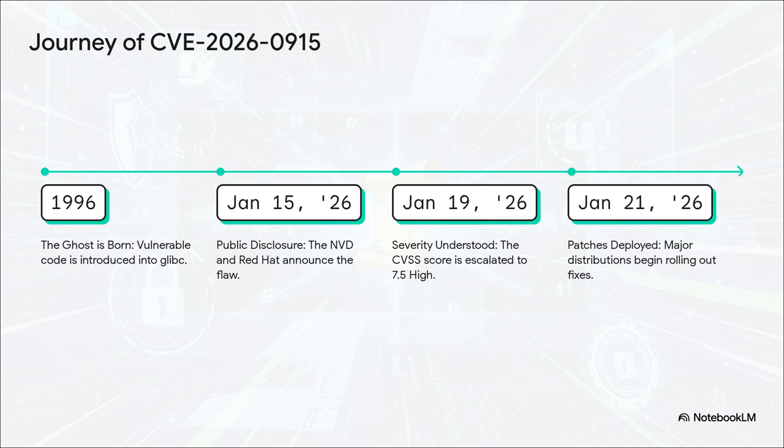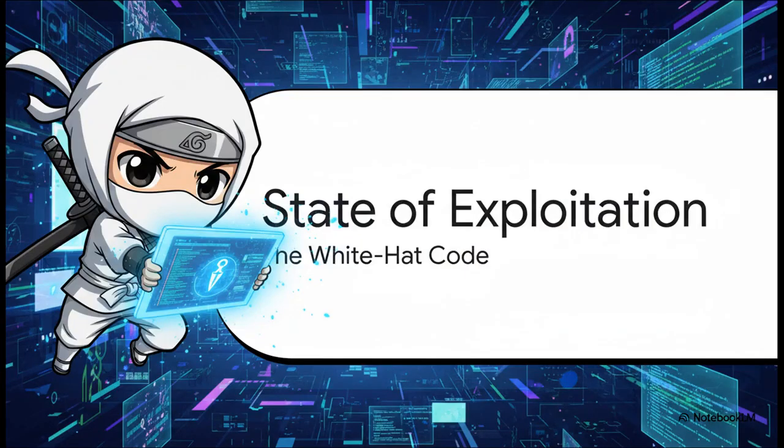This timeline is a testament to how quickly the open-source community can react once a threat is finally identified. A crucial question always remains: are attackers actually using this in the wild? We're disclosing this now, following coordinated vulnerability disclosure principles, precisely to get defenders like you ahead of the adversaries.